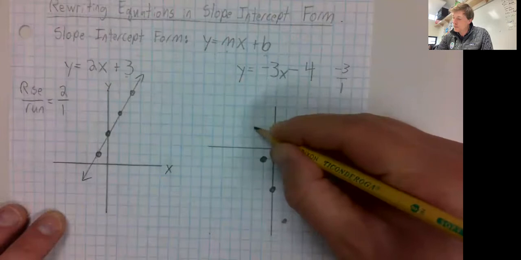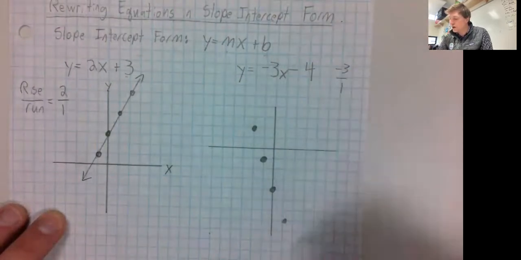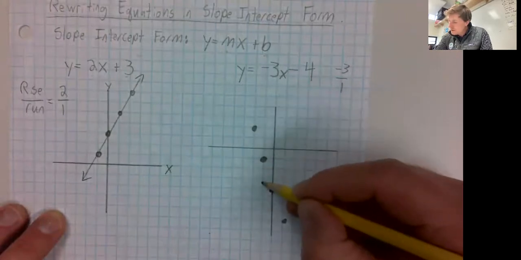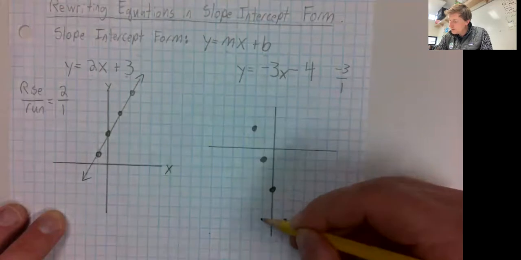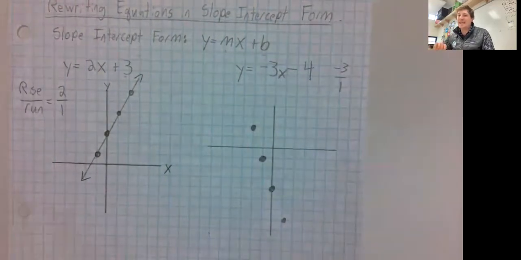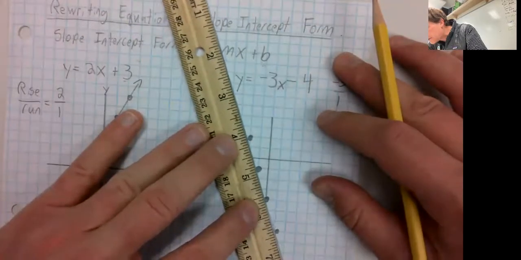1, 2, 3, 1. So I can already see that the line that I'm going to draw, did I do that right? 1, 2, 3, 1, 2, 3, 1, 2, 3. Yeah, I can already see that the line that I'm going to draw is in that negative direction. So I know I'm on the right track.